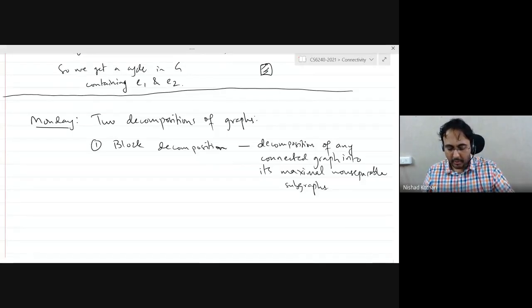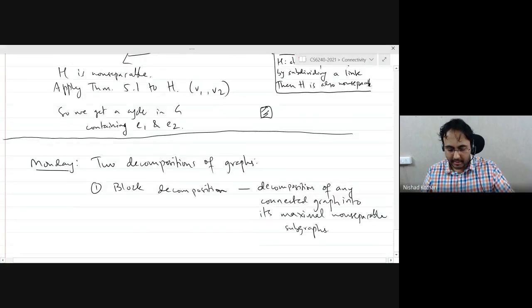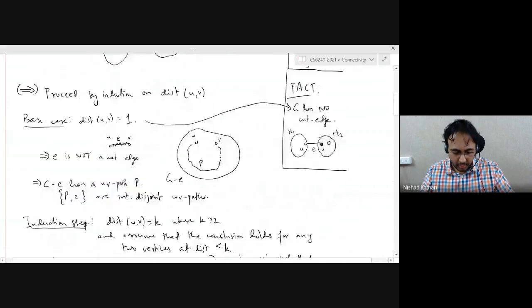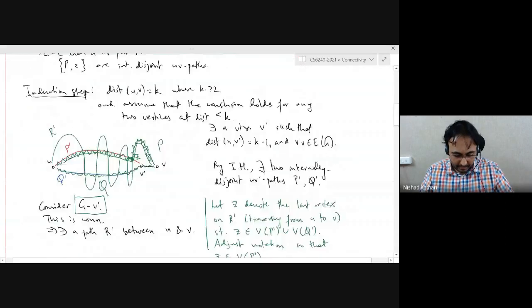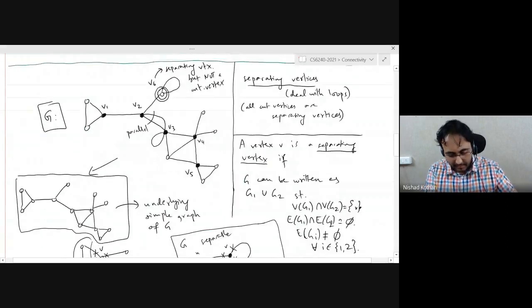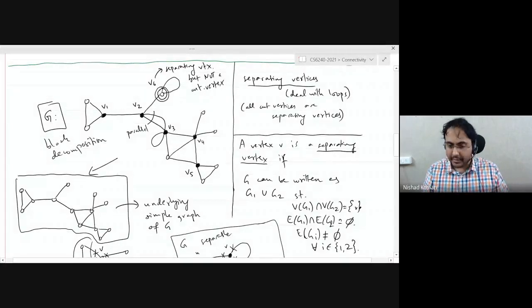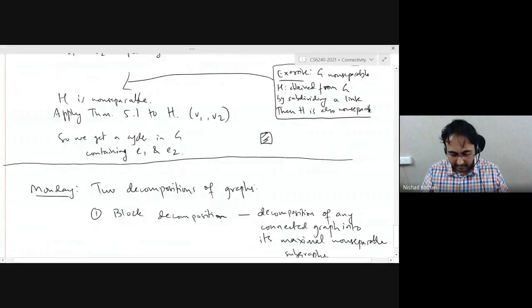So I will not be going into too many details. I'll probably just show you by example and skip the proofs. One thing you might want to do is go through this big example that we have here, and think about the block decomposition of G. So think about the maximal non-separable subgraphs of this graph. And that is exactly the block decomposition of the graph.